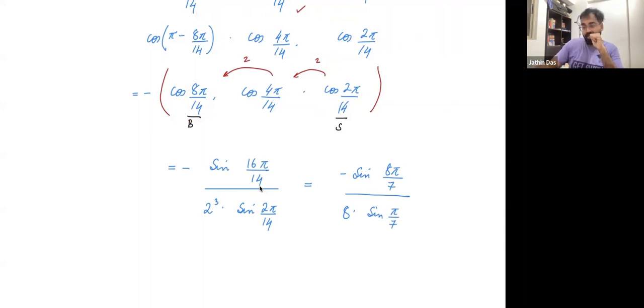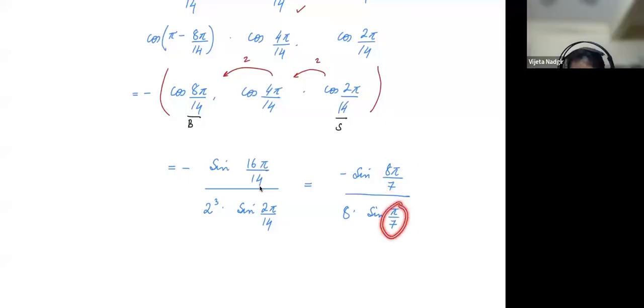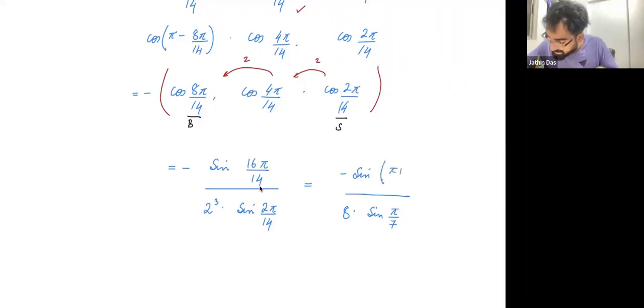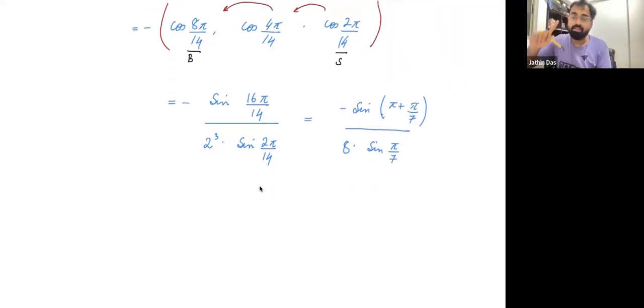Now can I do something with this? 8 is bigger than 7, so pi plus pi by 7 will come. And you know sine of 180 plus is minus sine theta. So minus and minus will be plus. So sine pi by 7 over sine pi by 7, so 1 by 8 is the answer.